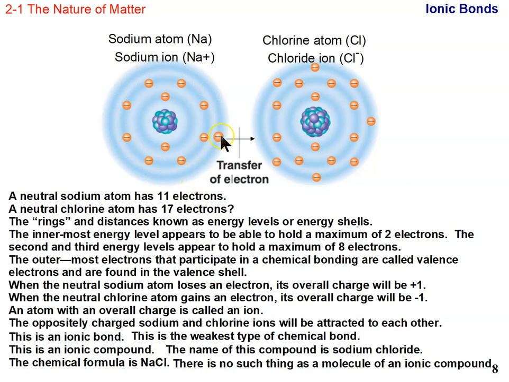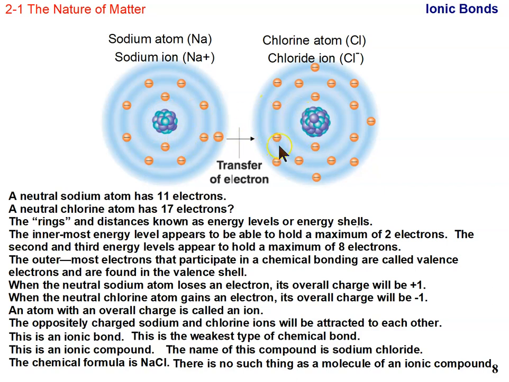And when it loses that electron, what's left behind, well, the third energy level is now gone, basically. So now it only has the second energy level, and it is full with 8 electrons. So that's why we call this the octet rule. Chlorine very much wants to have that electron, and sodium doesn't mind giving it up, and that's what makes these two elements very reactive by themselves.